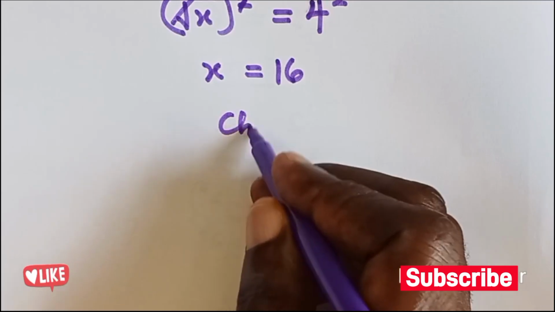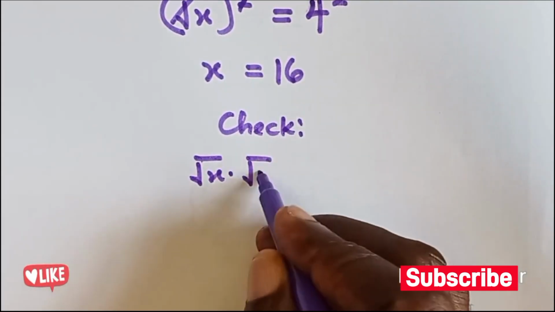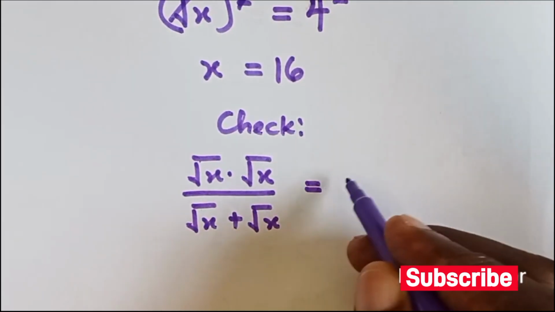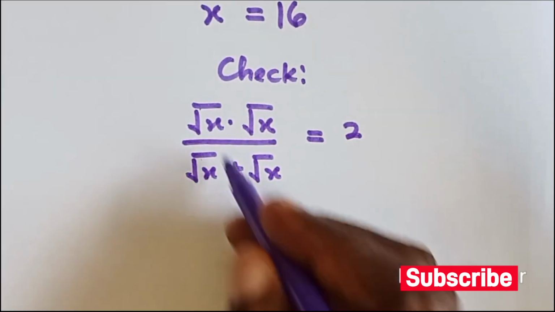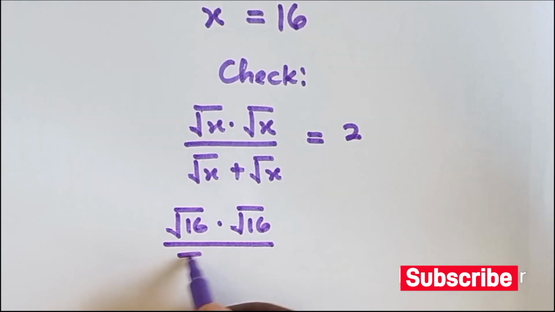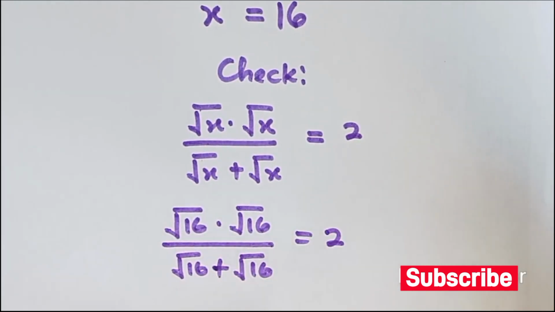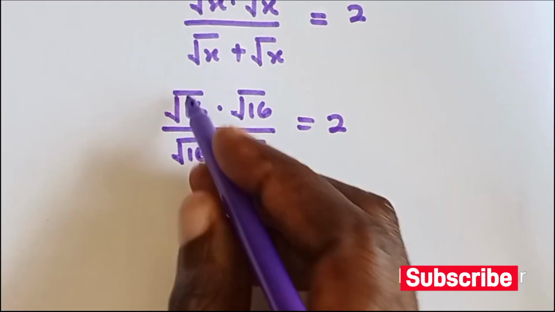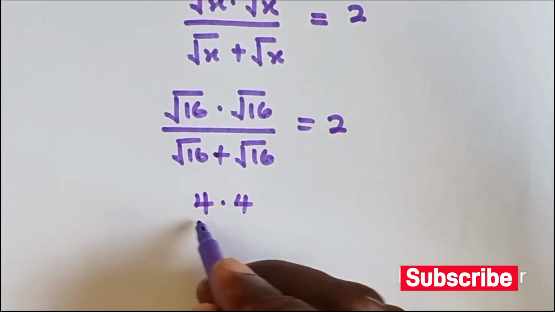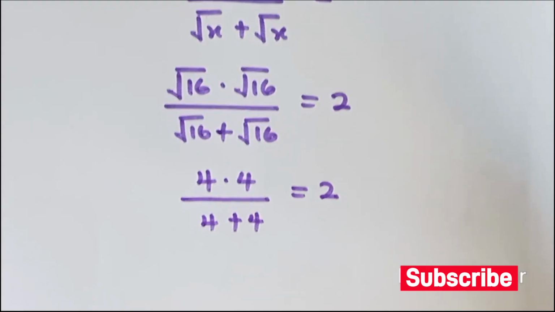Now let's quickly check. Let's see if we are actually correct. We have root x multiplied by root x over root x plus root x, everything equals 2, and we see our x is 16, so that will be root 16 multiplied by root 16 over root 16 plus root 16 equals 2. The square root of 16 is 4, so we have 4 multiplied by 4 over 4 plus 4 equals 2.